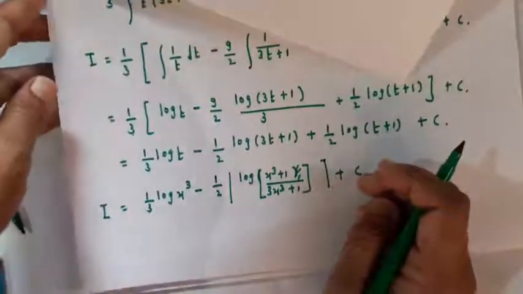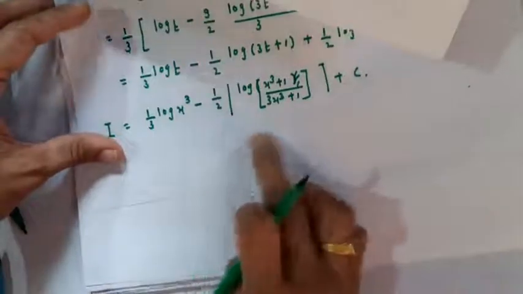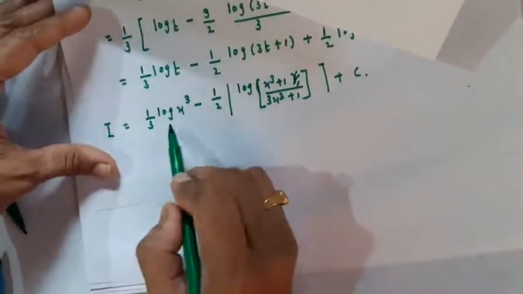Also students, if we common out 1 by 6 from all the terms, then also we can simplify. Okay.